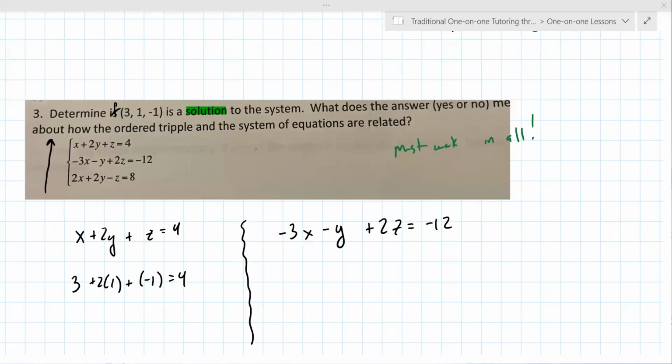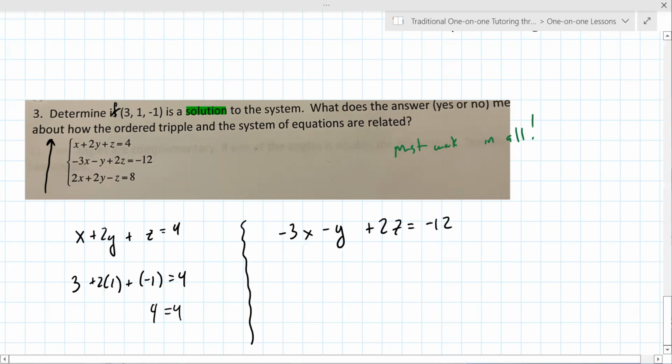So yes, 4 equals 4 for that one. So it works for that one, which really doesn't help us, because we've got to try the others, right? Yes. So -3 times +3 minus 1 plus 2 times -1. Does that equal -12?